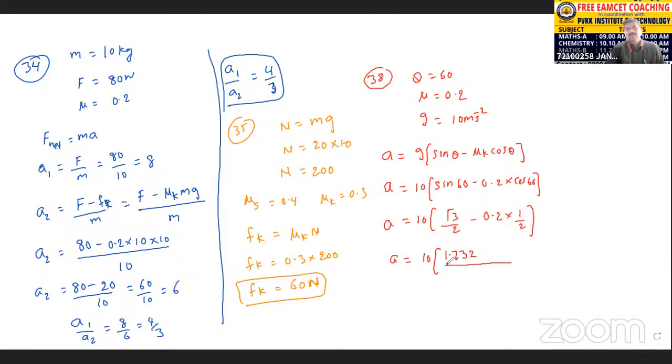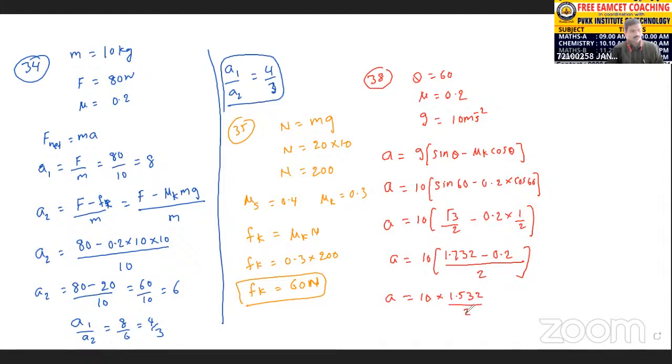A is equal to 10 into 1.732 minus 0.2, which is 1.532, by 2.